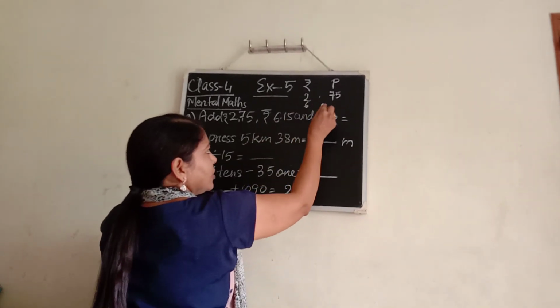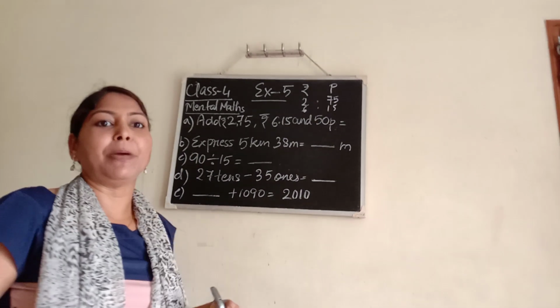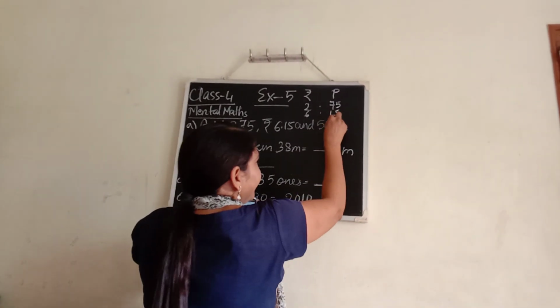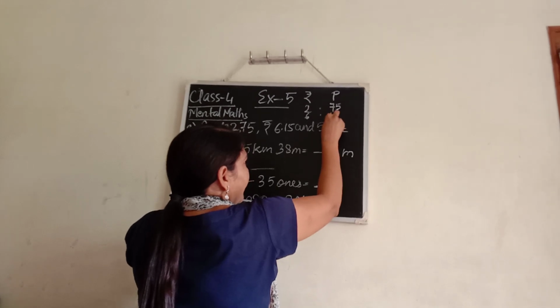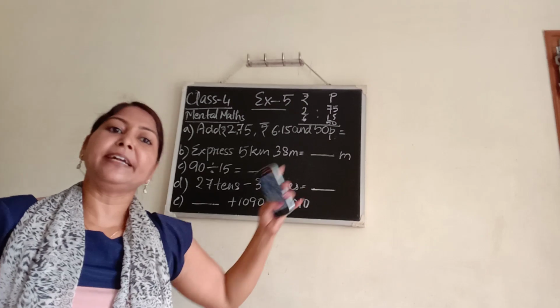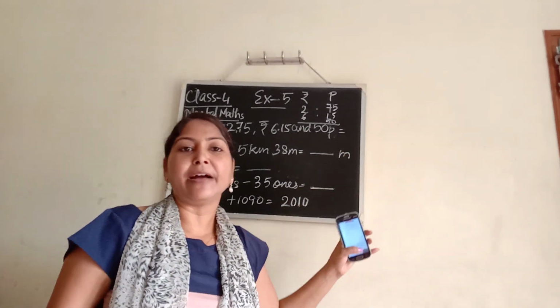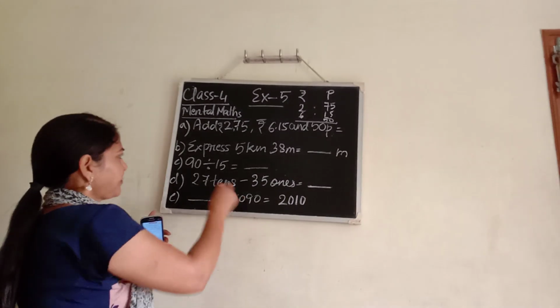Similarly, this one also, 6.15, and 50 is paise, so we will write 50 here. Okay, and then we will add all this and whatever we get, that will be our answer. I am not giving you the answer, that you have to do and tell me.